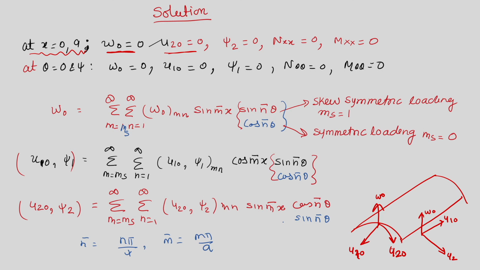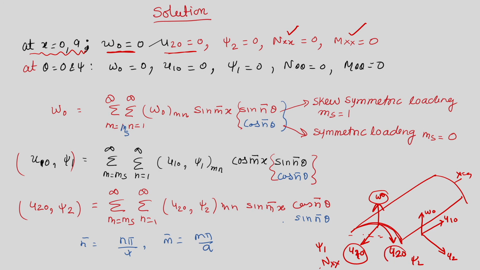If you are talking about x equal to 0, this is the edge where we are going to specify the boundary condition, and this is x equal to a. So, W is going to be 0. u10 cannot be specified, so instead of that N xx is specified. So, N xx is 0. Then moment M xx is 0. So, basically psi 1 and psi 2 are rotations.